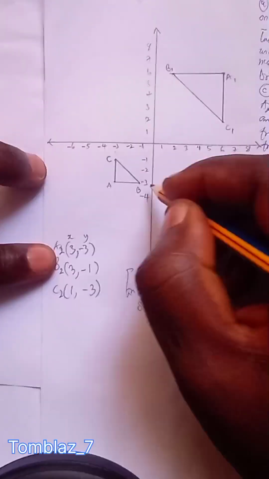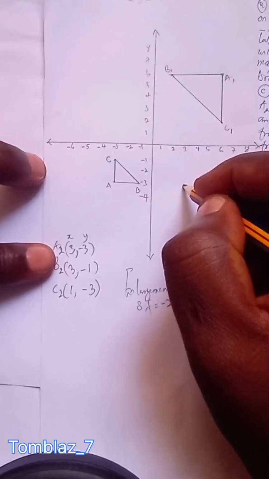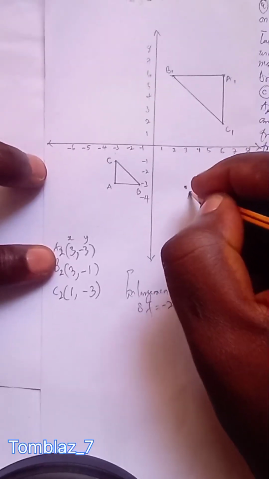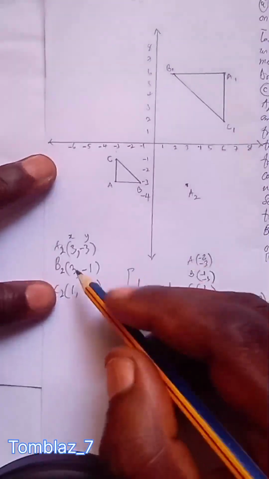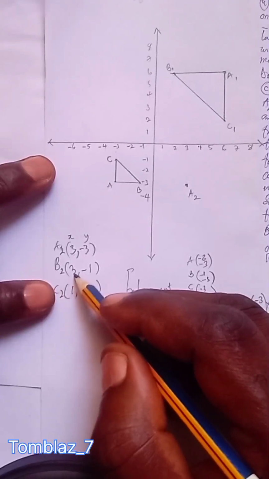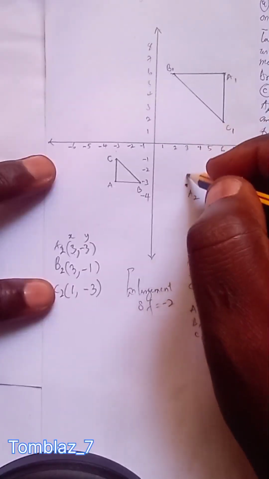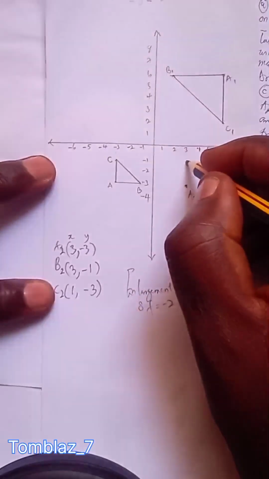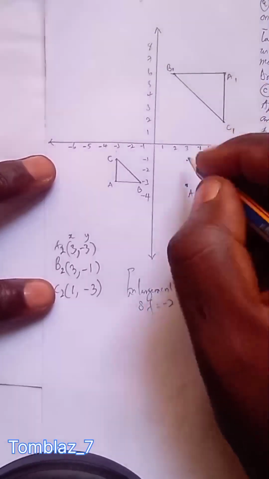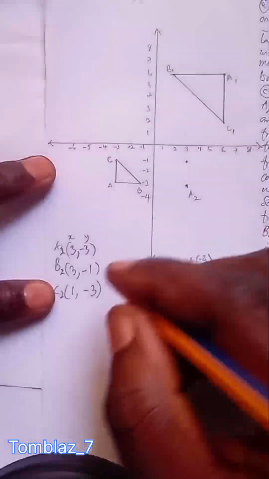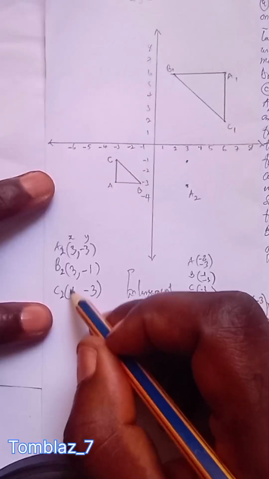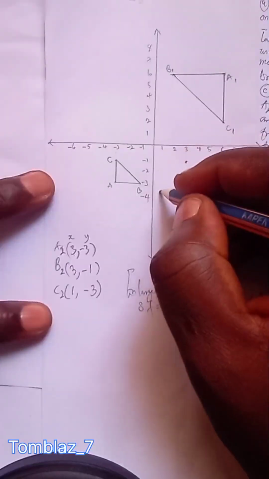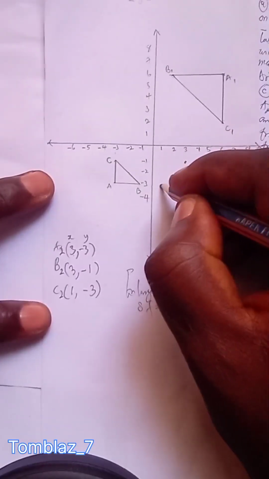So when you trace horizontal and vertical, they meet somewhere here. So this is A2. And then for B, you have 3 and minus 1. This is same 3, but minus 1. They will meet somewhere here, right? And then the last but not the least is 1 and minus 3. So 1 here and minus 3 here. They will meet somewhere here.